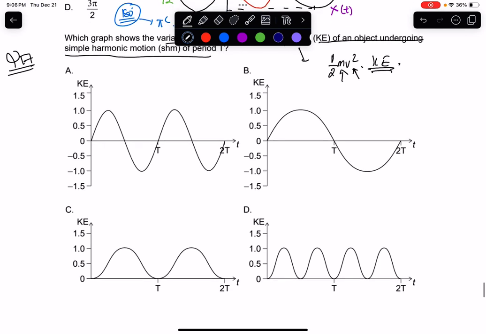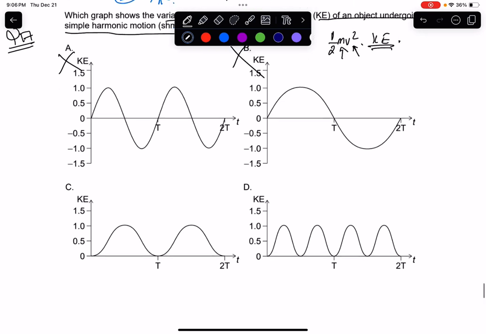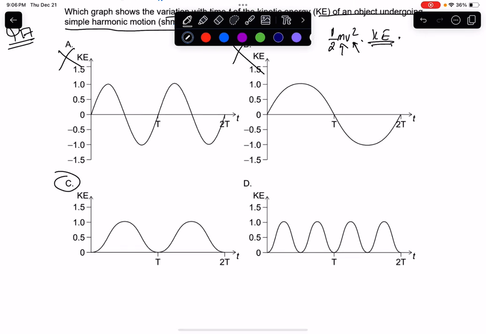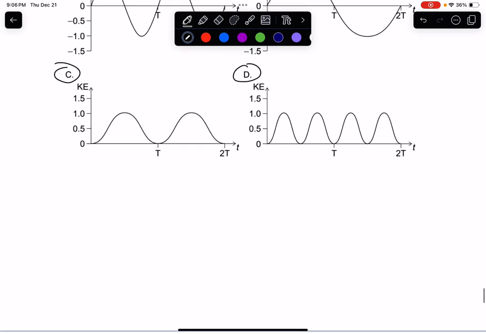Right off the bat, part A and part B are gone because the kinetic energy cannot be negative in this case. So we are left with two options, C and D. Looking at C and D, you would just have to visualize your simple pendulum.